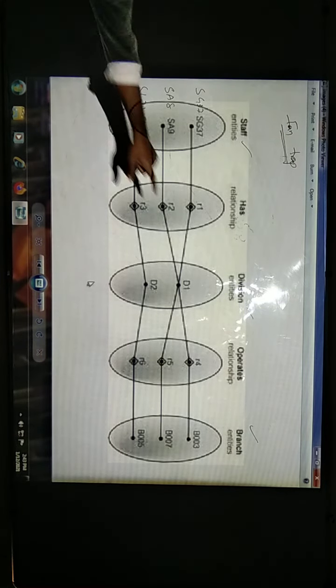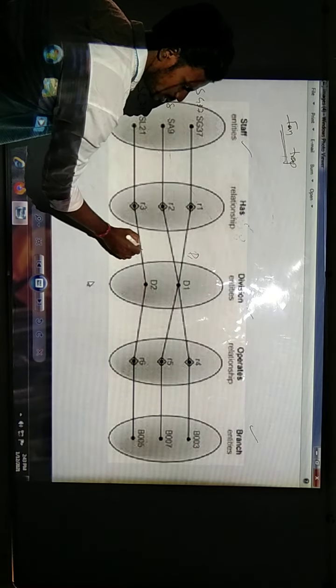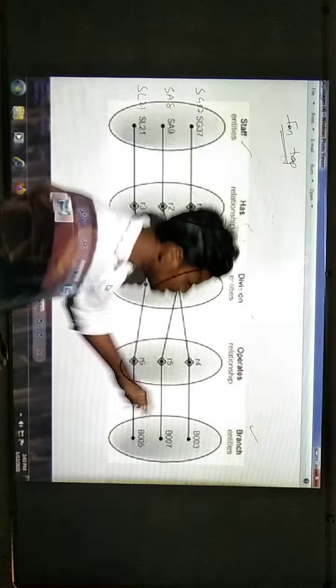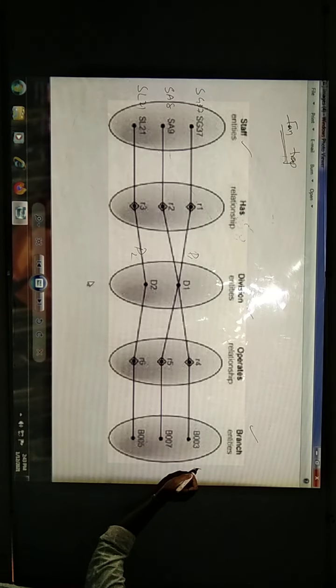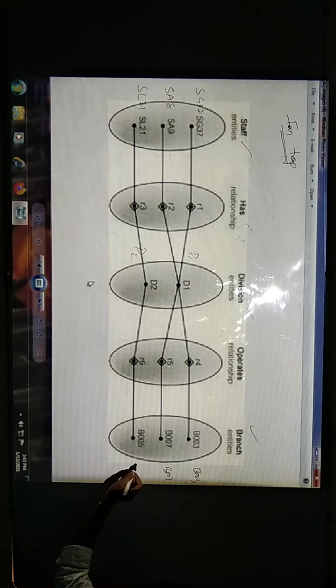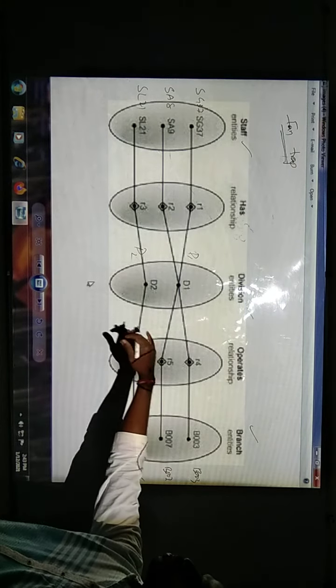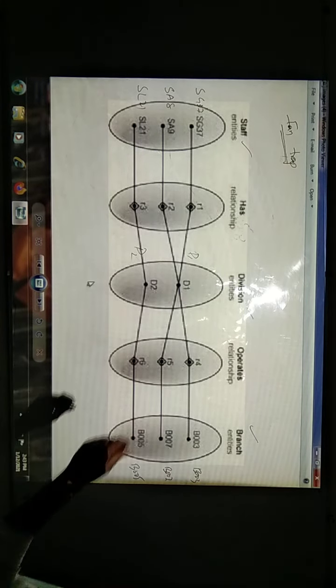In your division we are having two records, D1 and D2. In your branch we are having B003, B007, B005. We are having three branches, two divisions, and three staff members.